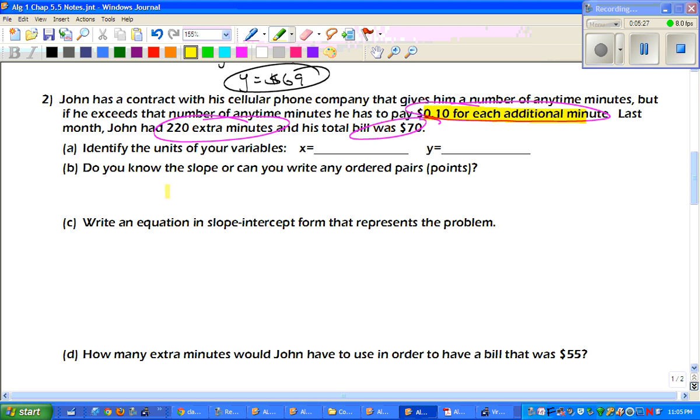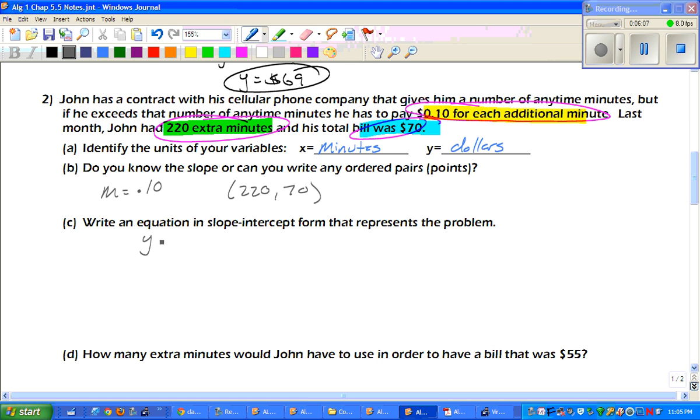For each, that's telling me what the slope is. 220 extra minutes, that's time, and right there's dollars. So we know that x is time, so that's going to be our minutes, and y is our dollars. Do we know what the slope is? Yeah, the slope is 10 cents. Do we know an ordered pair? It's 220 and 70.